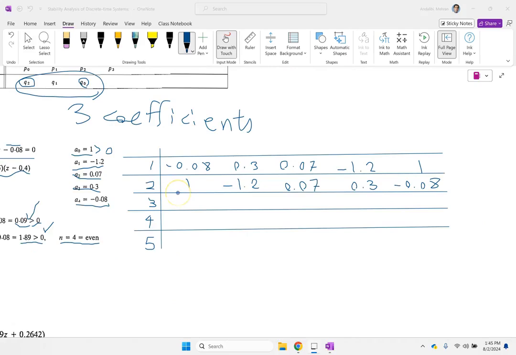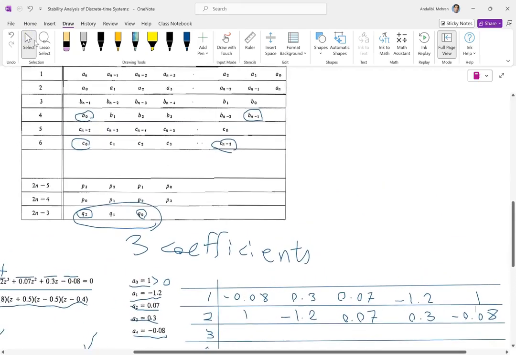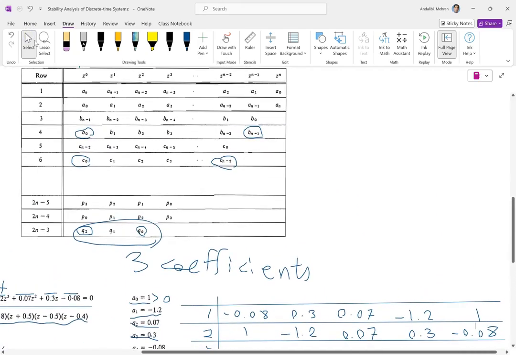Okay, so here is the table, and I started from, as you can see, A4 all the way to A naught, and in the second row, I go from A naught all the way to A4. Now, if you remember, the B row has one element less. So for the B row, you start one column to the left of the A on the right side.